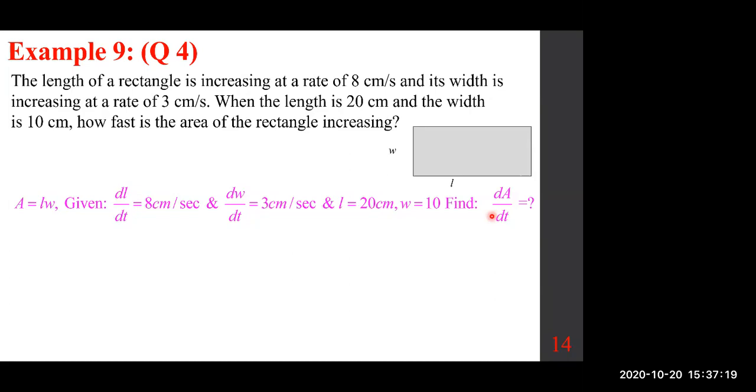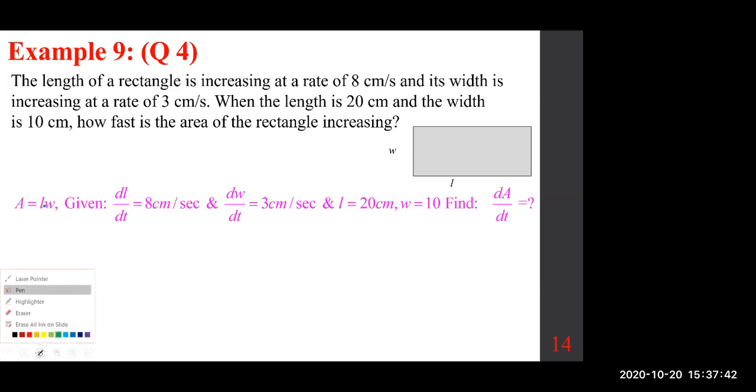So what do we do? We're going to differentiate this. We want dA/dt. To differentiate this, it's extremely important to understand we are using the product of L and W. Therefore, we are using the product rule, class.